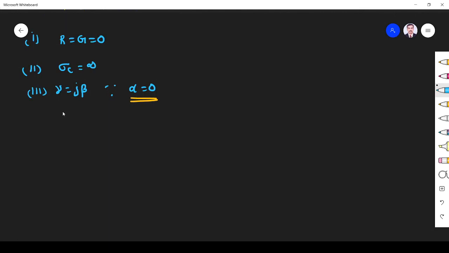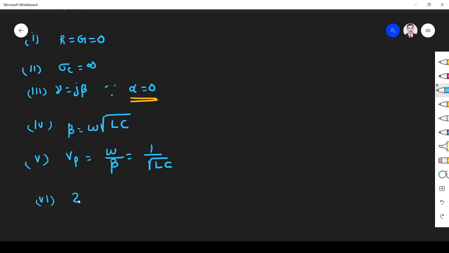Then the fourth characteristic of a lossless line is beta is equal to omega root LC. Then fifth one, Vp, that is phase velocity. V is velocity, P is phase. We know Vp is equal to omega by beta, that we studied in EMF itself. So that is 1 by root LC.